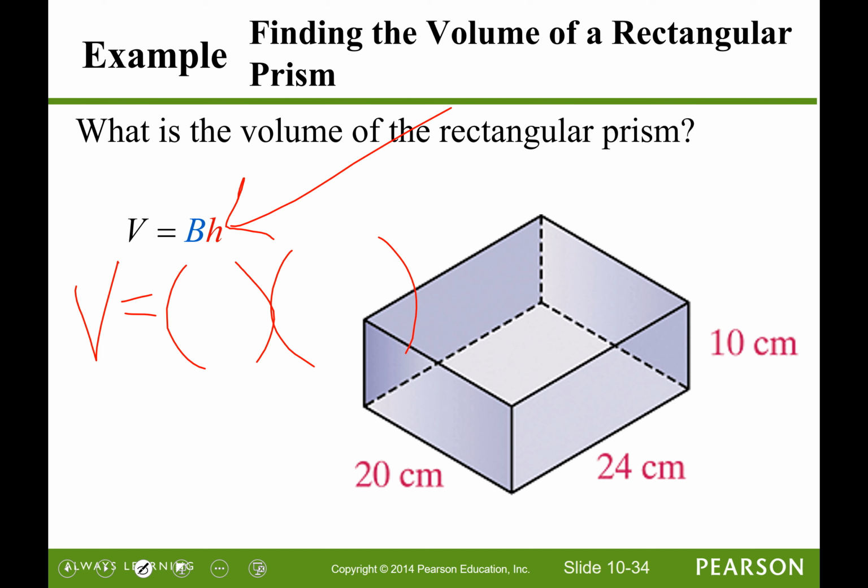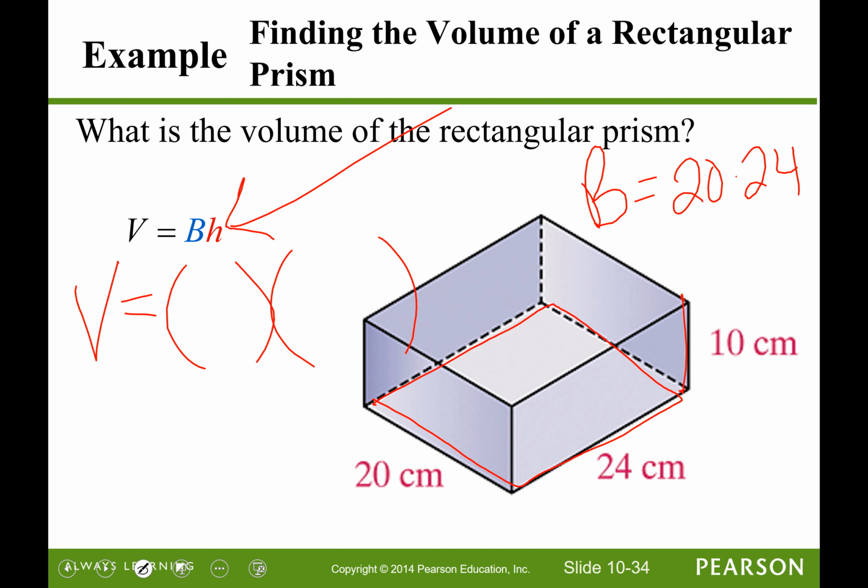First one is the area of the base. And I'm going to use this here as the base. And that is the two-dimensional rectangle. And so the area of a rectangle is base times height. So that would be 20 times 24.